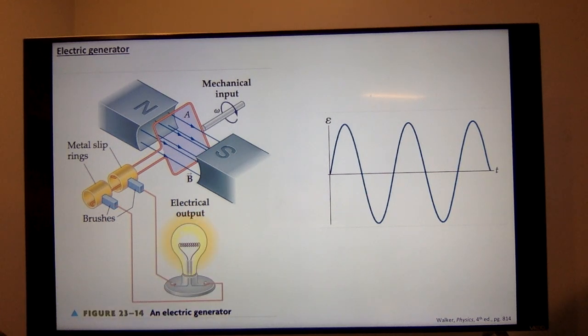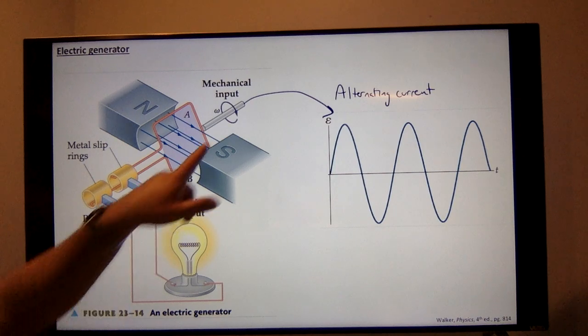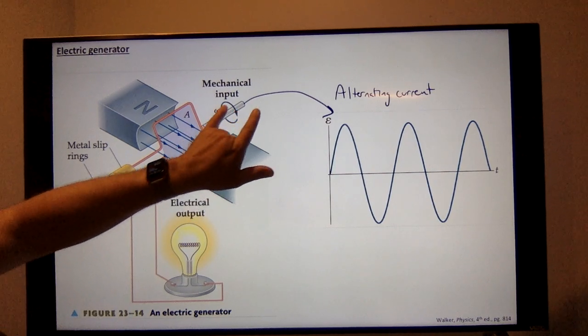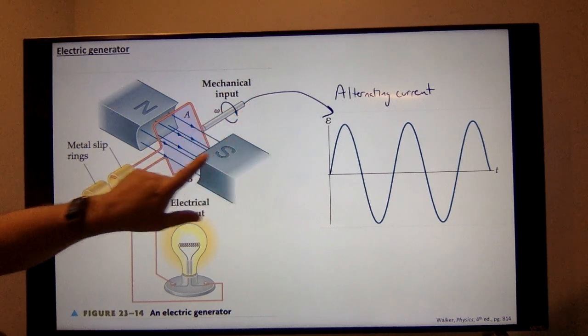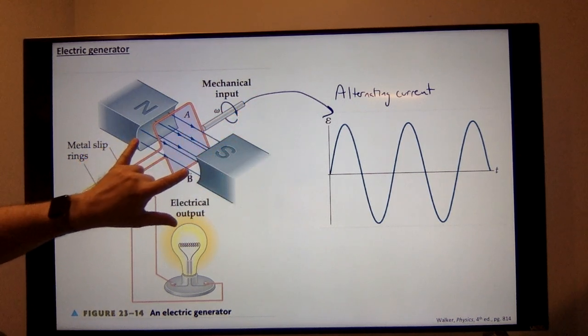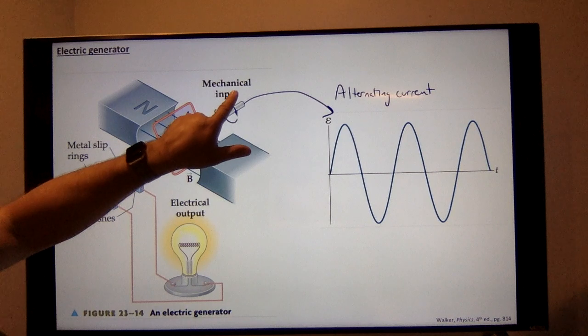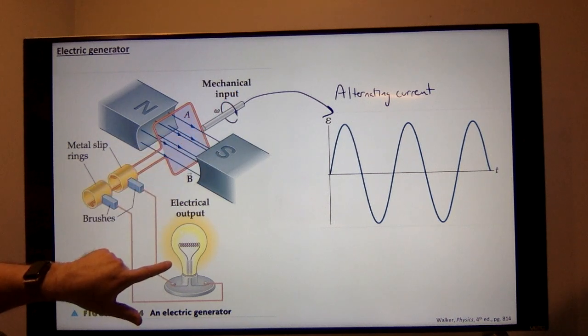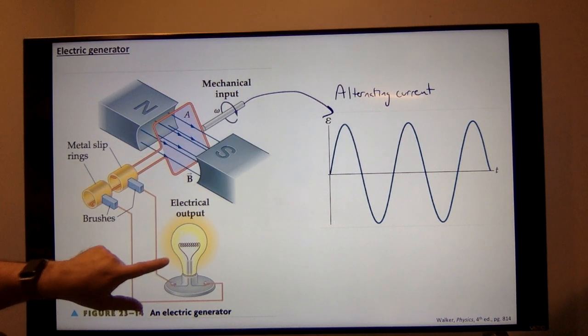This is how we generate an alternating voltage or alternating current, which we'll talk a little bit more about in the next chapter. So we put in the input ourselves. We do some mechanical work to turn the loop of wire through a magnetic field, and that mechanical work is essentially converted into electrical energy.